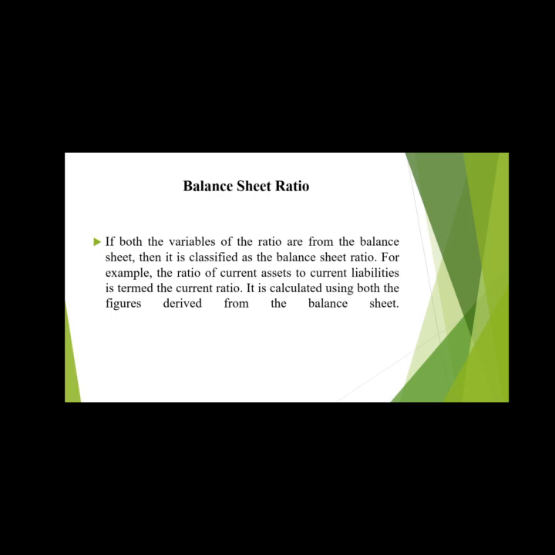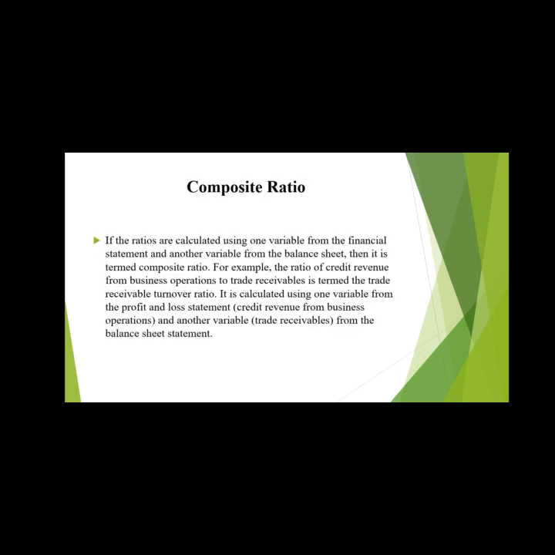And the last one from this is composite ratio. If the ratio is calculated using one variable from the profit and loss statement and another variable from the balance sheet, then it is termed as composite ratio.